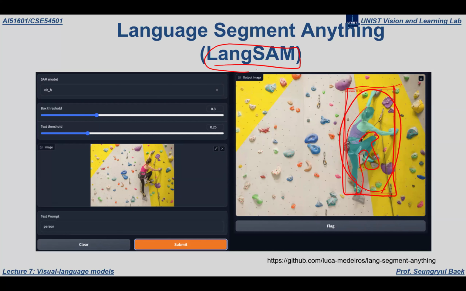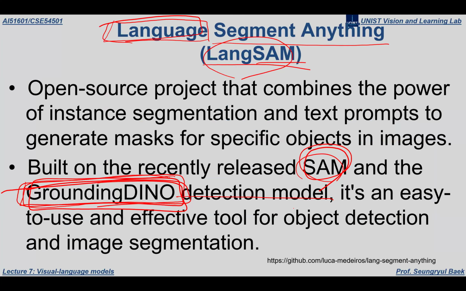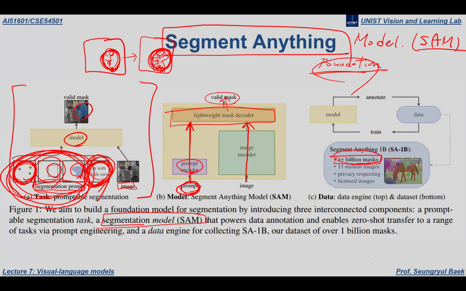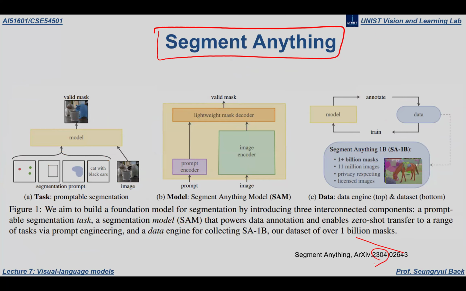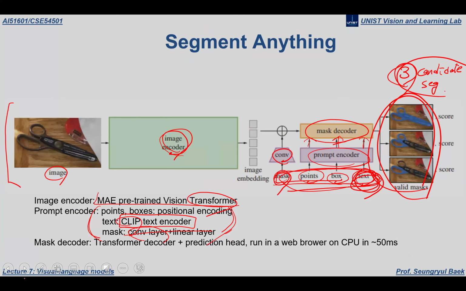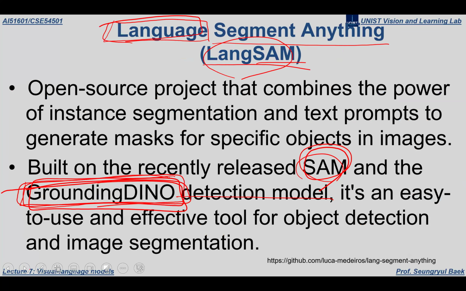Okay, and SAM was originally proposed in the year of 2023, but now SAM has version 3. So their performance is getting gradually better, and now their performance is very good.